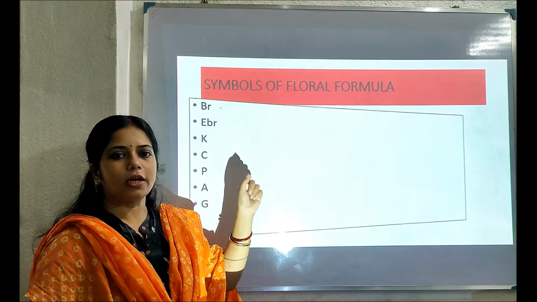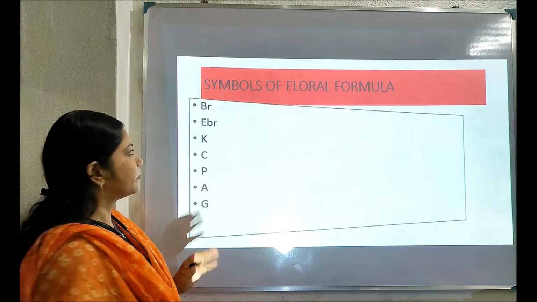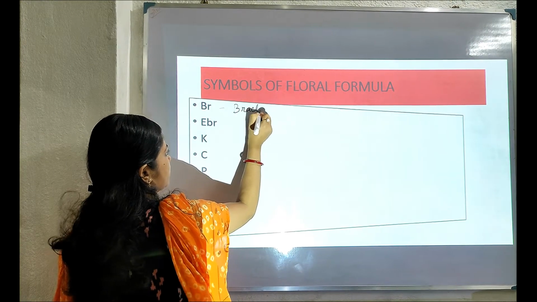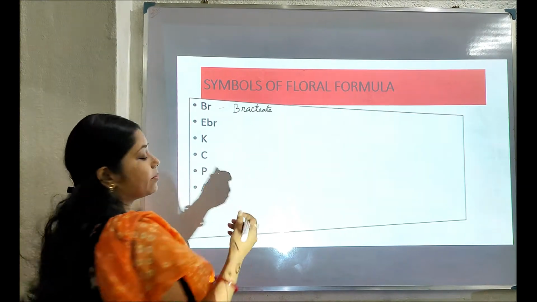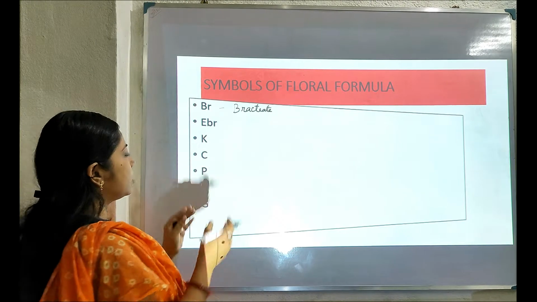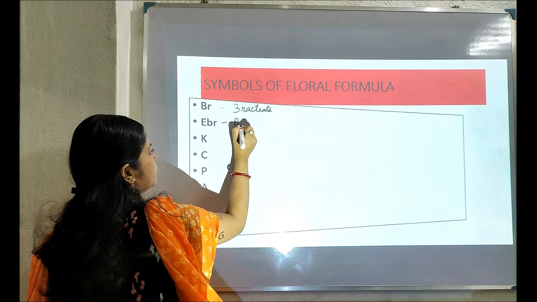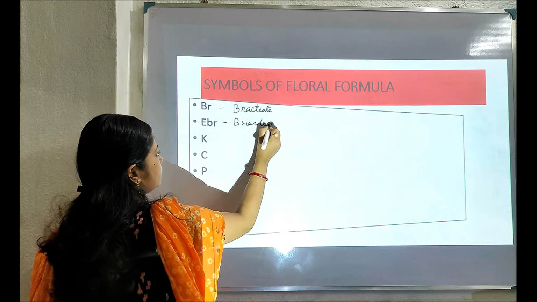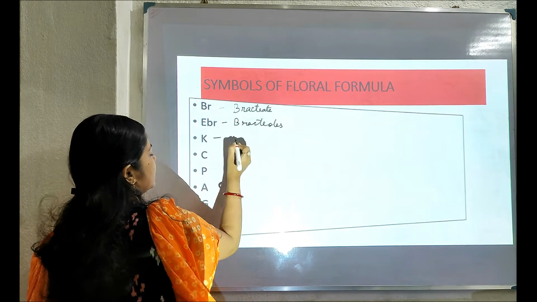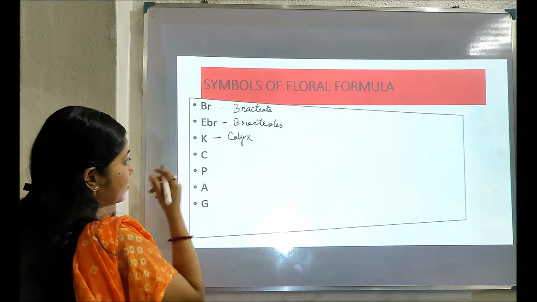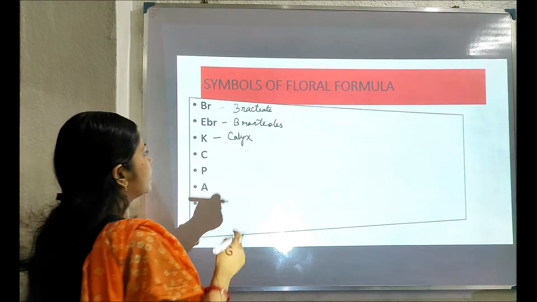So, we will know all the symbols in detail. What is the meaning of these symbols? BR stands for bracteate. If the flowers have bracts, then we use BR. EBR stands for bracteoles. K stands for calyx, the outermost whorl of the flower.